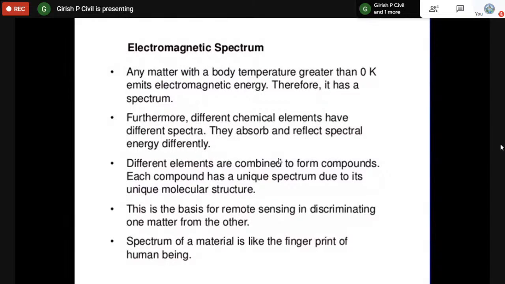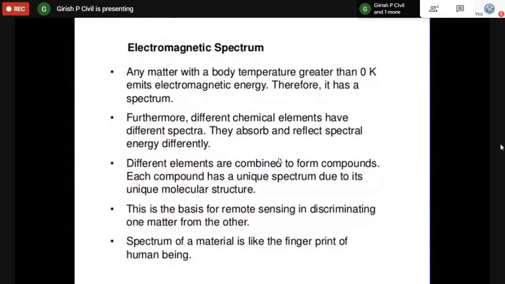Coming to the electromagnetic spectrum, most of the time matter with a body always has a temperature greater than 0 degrees Celsius.